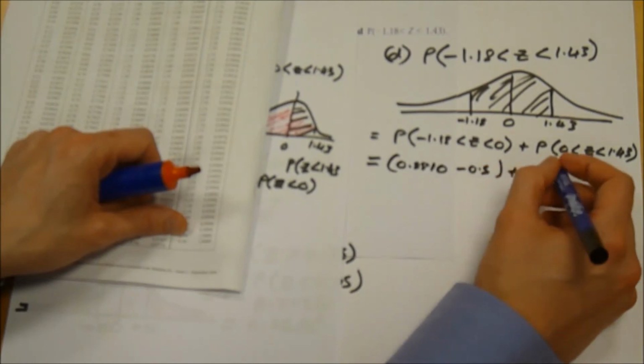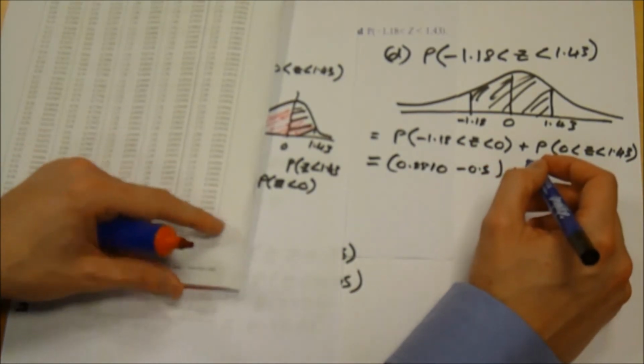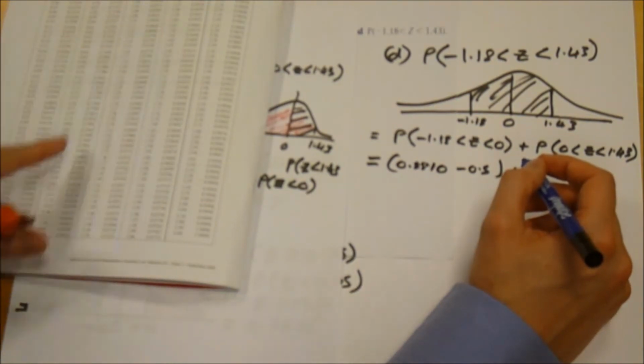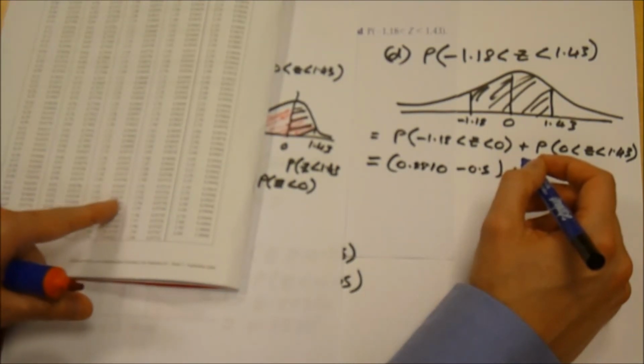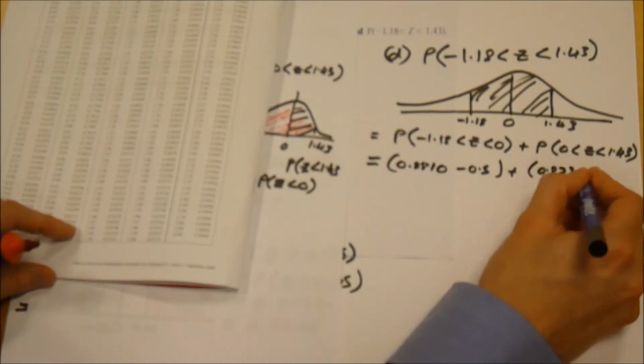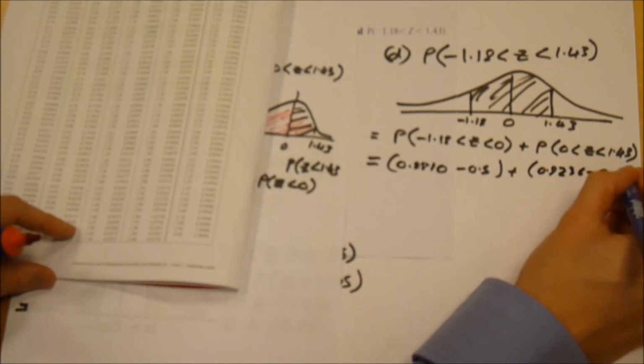And plus to that, well, the probability that z is less than 1.43 is 0.9 something or other. 0.9236 minus z is less than 0, so 0.5.